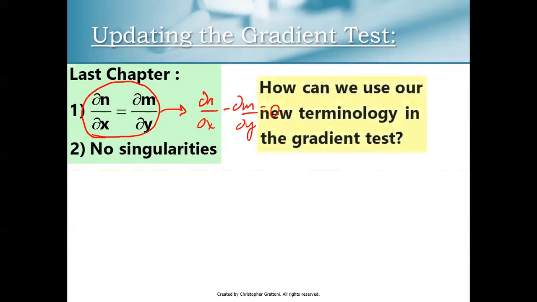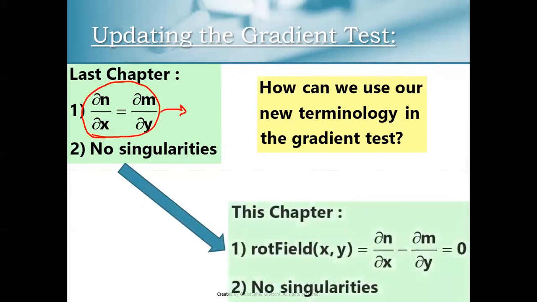So we can actually update our gradient test to say that the rotation of the vector field should equal 0. And then the second part here, not technically part of the gradient test, but to make sure we have a conservative gradient field, to make sure we have a vector field that has all of the cool properties of a gradient field, we'd also check that we don't have any singularities on our interior region. So that's the other important thing.